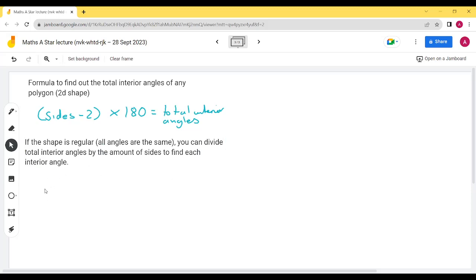But we're going to make a table here for shape, then we've got formula, and we've got total angles.